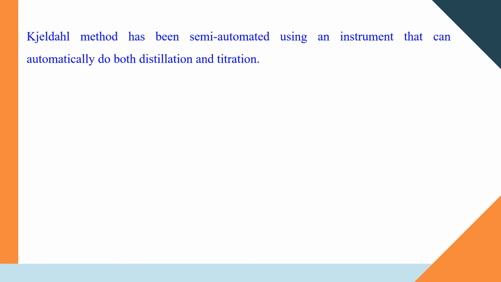As you can see, Kjeldahl method is quite a lengthy method. It takes time and it also takes effort. You need to do all the three steps on your own.